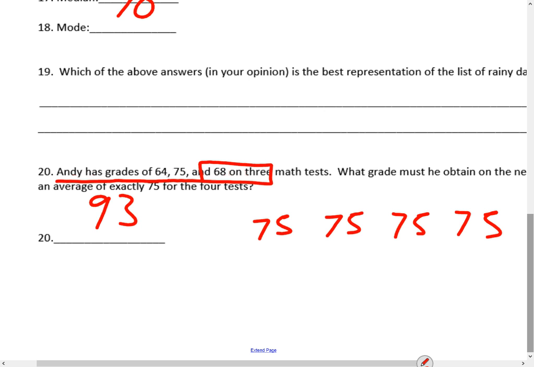If you had 4 tests that were 75, what's that average? Then I would look for the total of that. The total of that is, what is it, 300? So every average of 75 has to have a total of 300, correct?